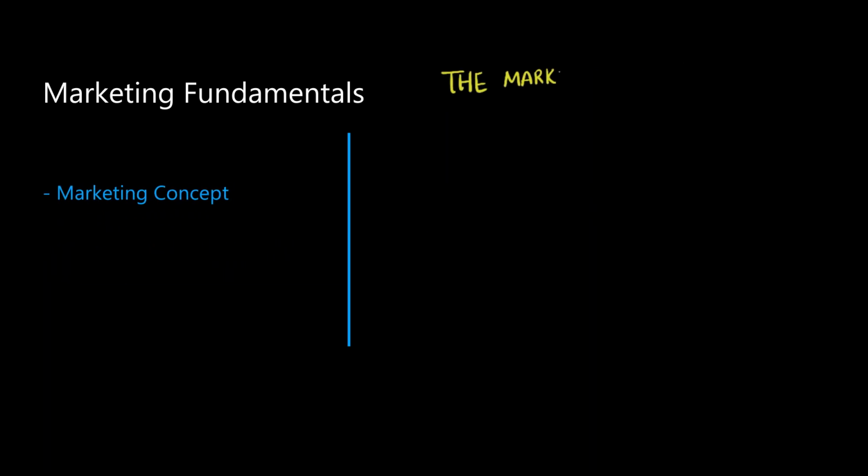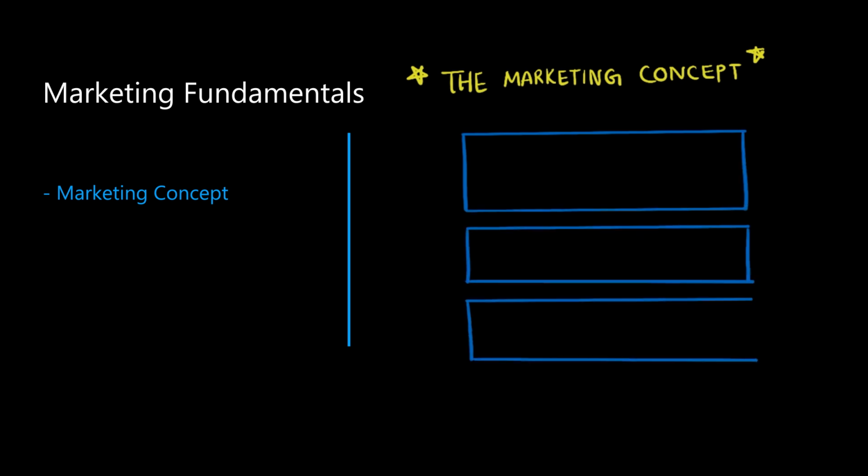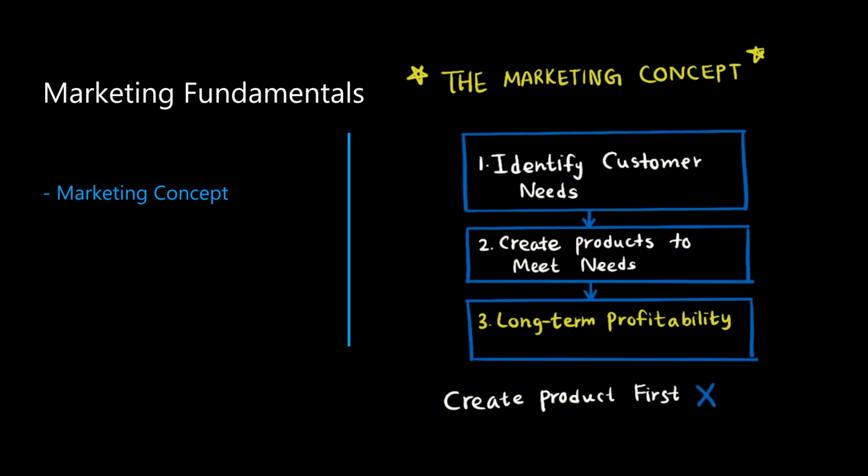The marketing concept is a business philosophy you absolutely must understand for your exam. It states that long-term profitability comes from focusing all organizational activities on satisfying the needs of a specific target market. This means companies don't create products and then try to sell them. Instead, they identify customer needs first, then create products to meet those needs.